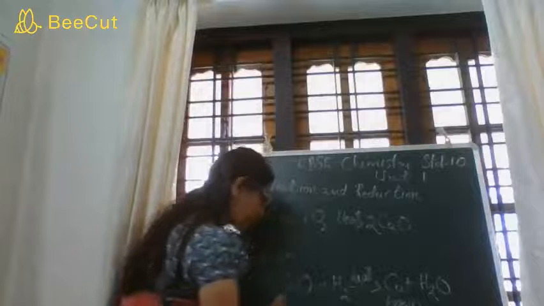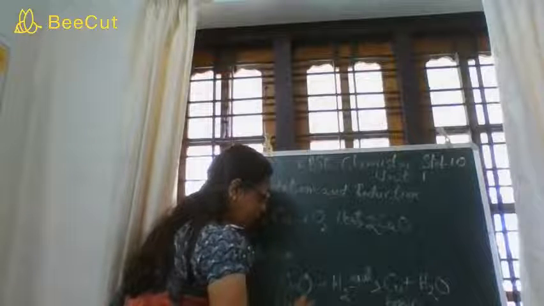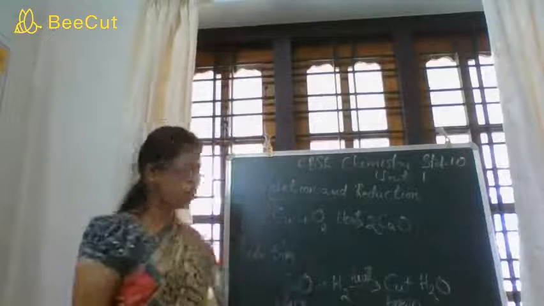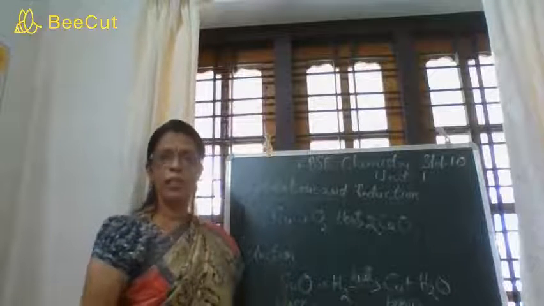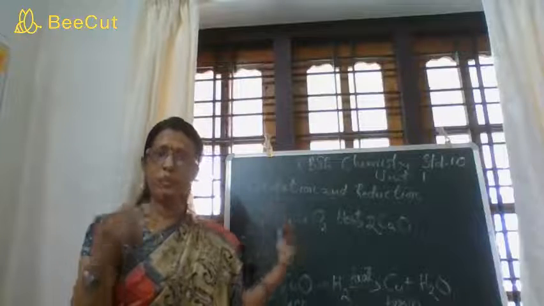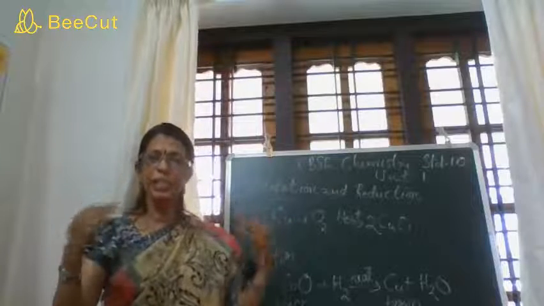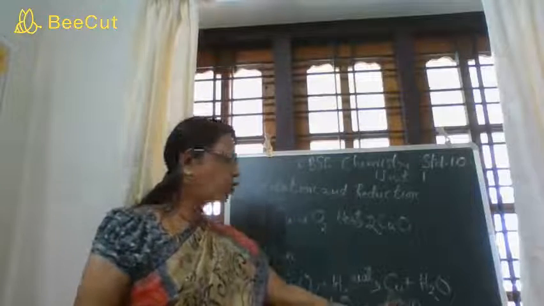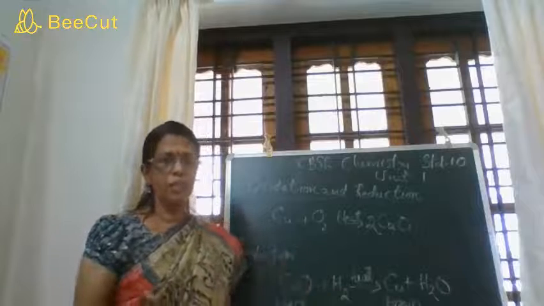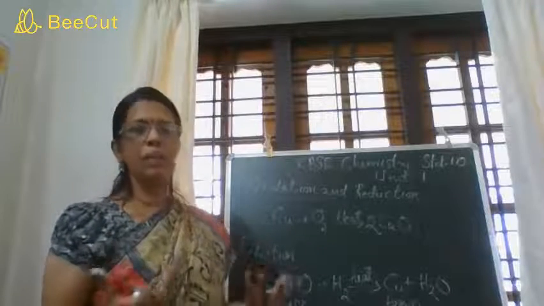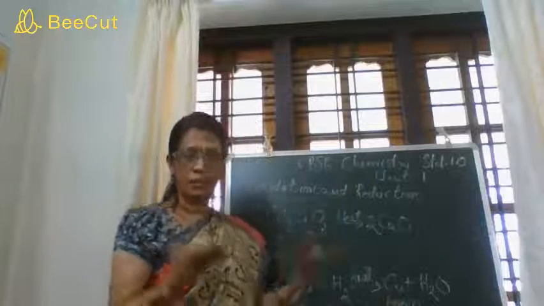The copper oxide is black, and when hydrogen is passed through black copper oxide, then gradually the black color turns into brown copper solid. Copper is a metal that will be left in the vessel.